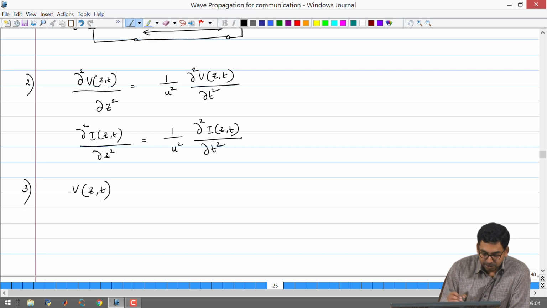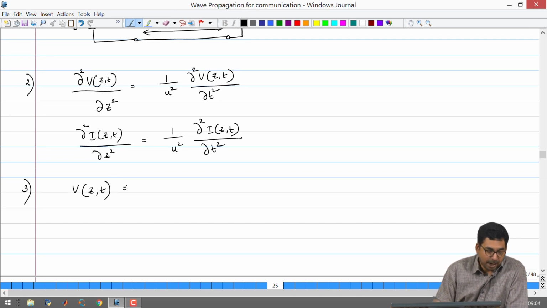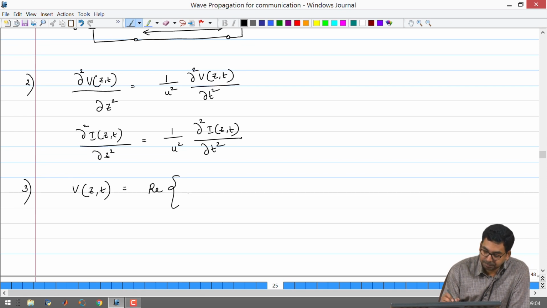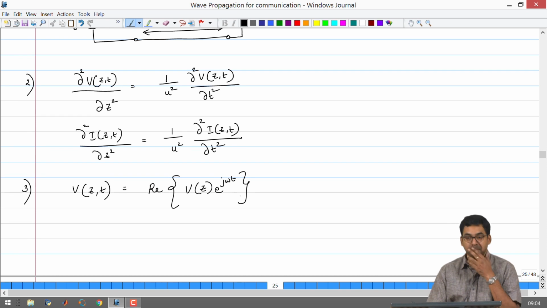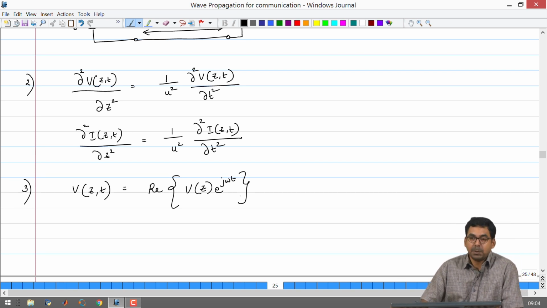First we assume that the source is sinusoidal, so it could be a cosine, and the cosine could simply be written as the real part of V of z with the time dependence given by the complex exponential. So we want to write V cos omega t, but in order to simplify the math, we write this as the real part of V(z) e^(jωt).